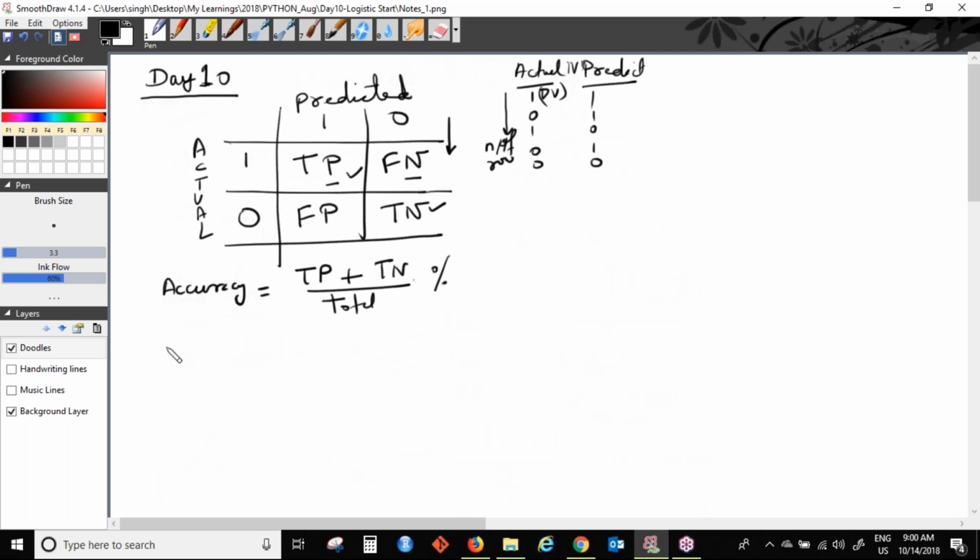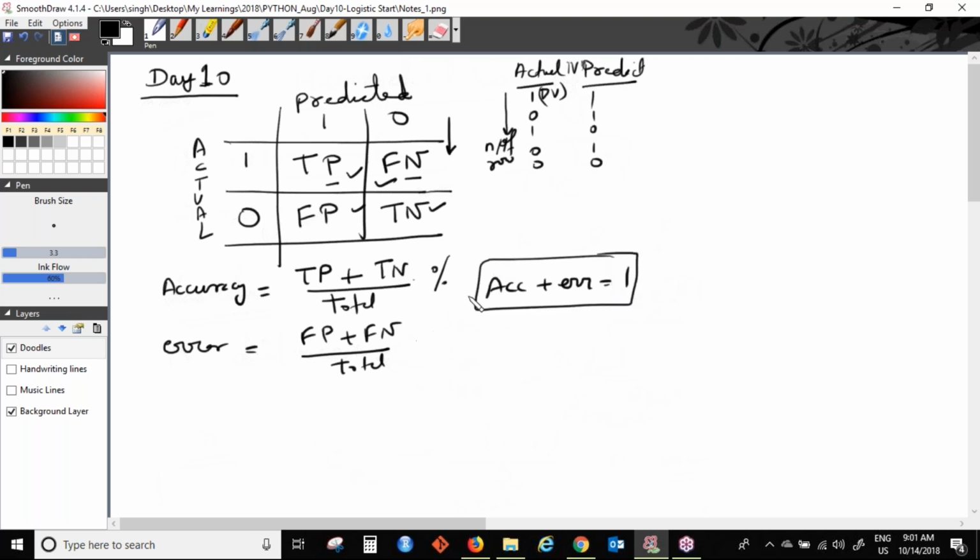Similarly, you have the error parameter, which is the opposite of this, because we know that these two are where we went wrong: actually it was a 1 but we predicted a 0, and actually it was a 0 but we predicted a 1. So this will be false positive plus false negative divided by total. Of course, accuracy plus error should be equal to 1, because we should get a total of 100%.